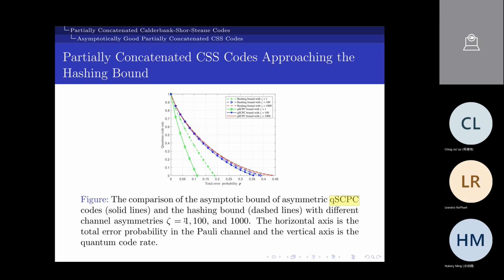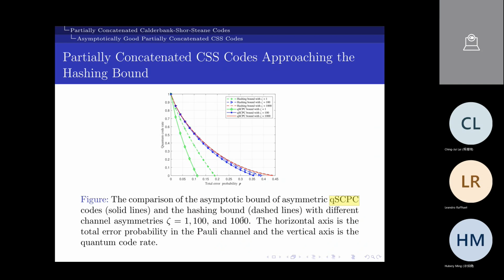If zeta is equal to 1, then the asymmetric channel is a standard symmetric channel. We can see that if zeta is equal to 1, there is a large gap between our bound and the hashing bound.